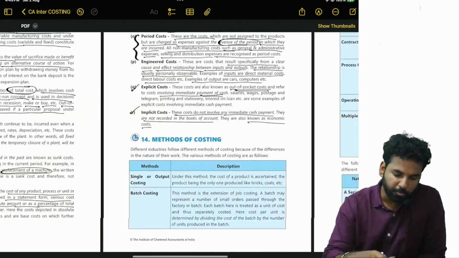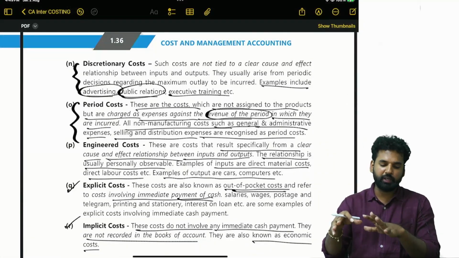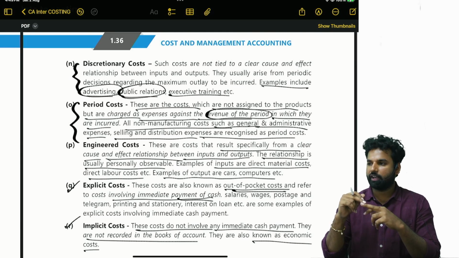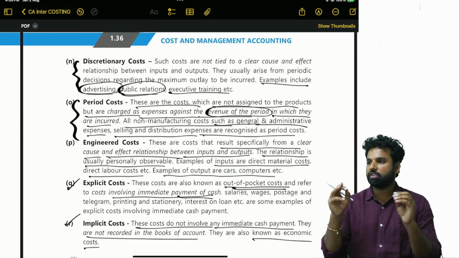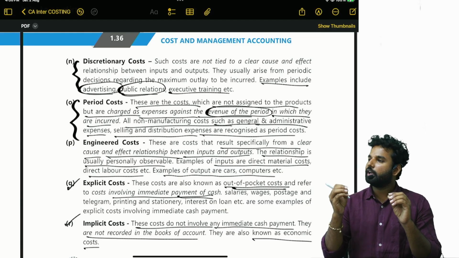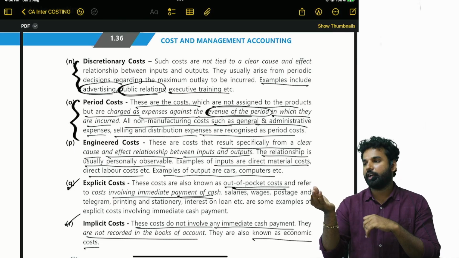Next, discretionary cost, which can be incurred, or need not be incurred. Those are discretionary costs like research and development and advertisement. Period cost, which is revenue in nature and is debited to the revenue, just like indirect expenses.